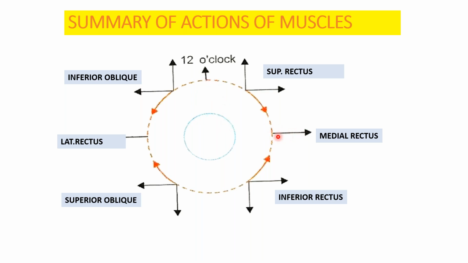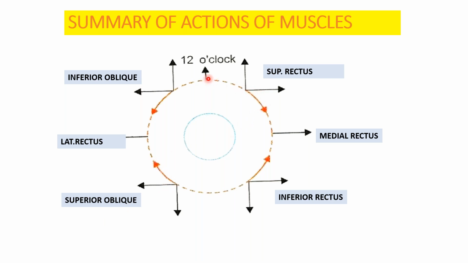So this is for your quick revision: the medial rectus, which was causing the adduction, and the lateral rectus, which was causing the abduction. The superior rectus was causing the elevation along with the intorsion. Elevation was the main primary action, and the secondary action was the intorsion followed by the adduction. So remember, both the superiors, the superior rectus and superior oblique, help in intorsion.